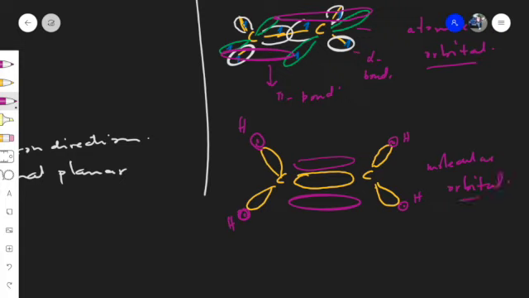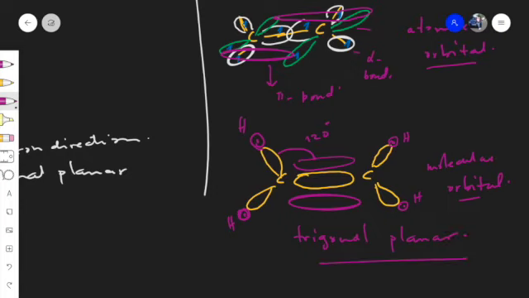Now, remember that the angle here is going to be 120 degrees because we've got 3 electron directions, and therefore we have a trigonal planar shape.